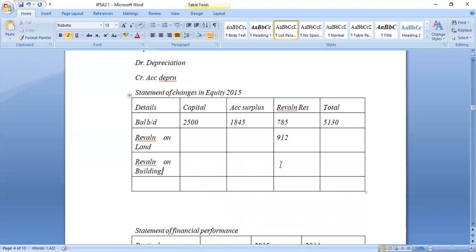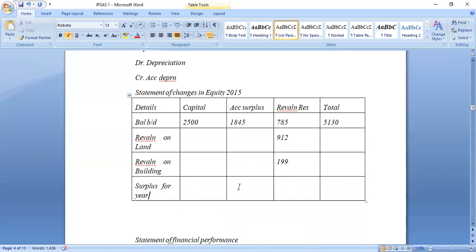For it I remember it is 199. Those were the changes. Then the other thing is we had surplus, coming from the statement of financial performance. We didn't find it in my workings, but I expected to find it. So we'll come in and say surplus here. Whatever figure you got, you bring it here under surplus.